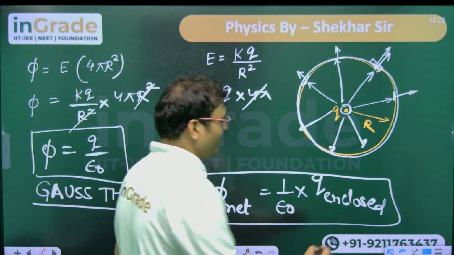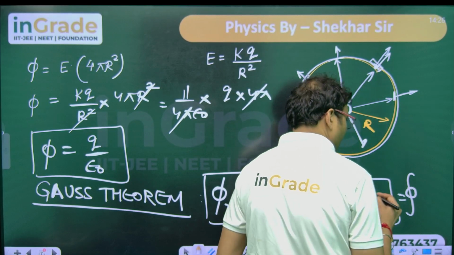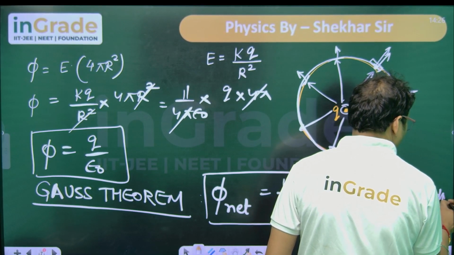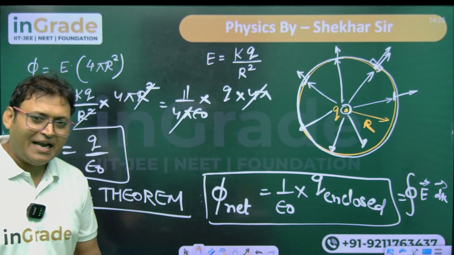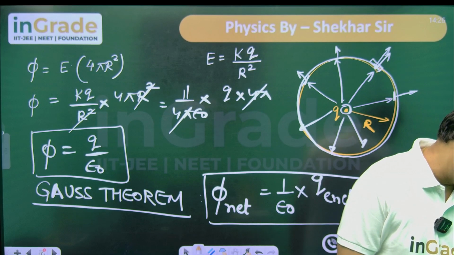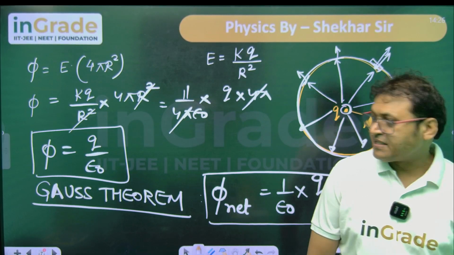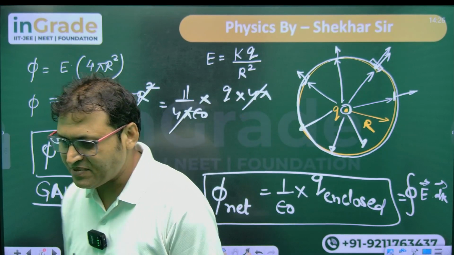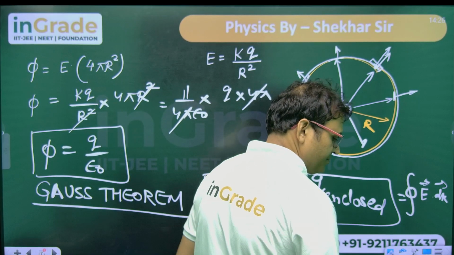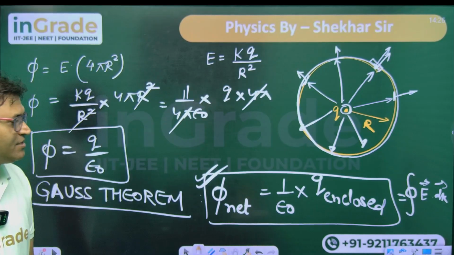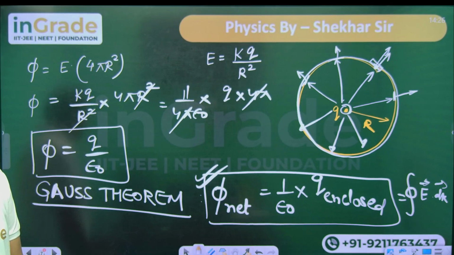This can be written as the integral over the closed surface of E dot dA. So the net electric flux through an imaginary closed surface, which is called a Gaussian surface, is equal to 1 upon epsilon naught times the total charge enclosed by the surface.